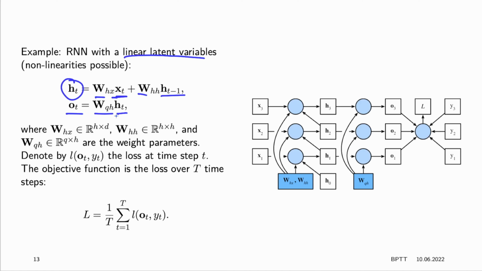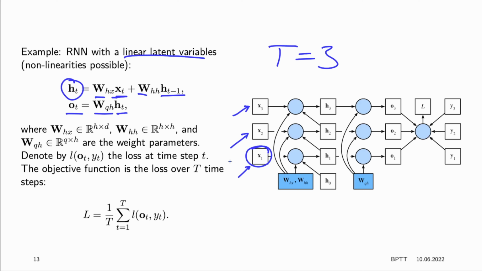In this example, we have 3 time points, so capital T equals 3. And we see how the computational graph in this case is rolled out. We have our recurrence, and we do the computation one step at a time. That gives us all our computational dependencies. In the beginning, we have our input x1 and our initial hidden state h0.